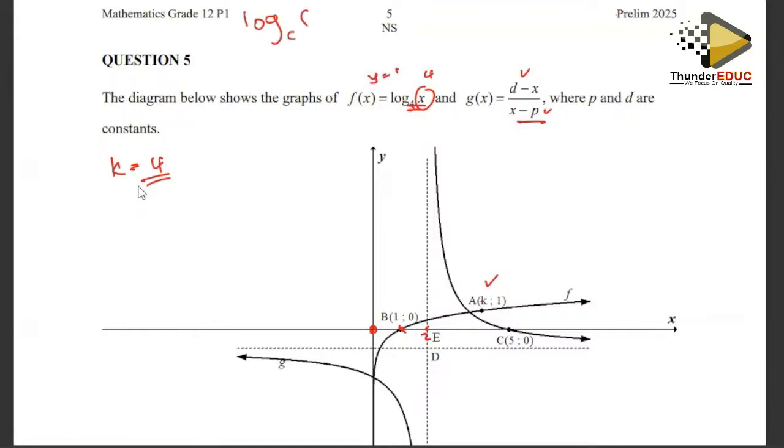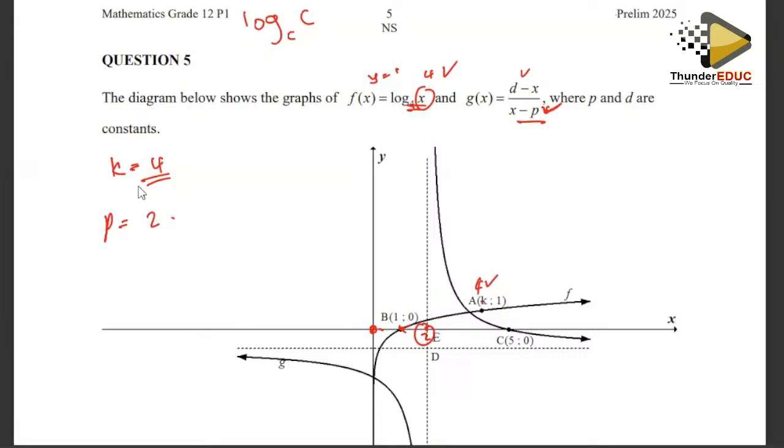From our laws of logarithms, as long as the base and the argument are the same, we get 1. So k is 4, sorted. Then P is the vertical asymptote, which we found here to be 2, because they told us this distance is the same. So P is going to be 2.